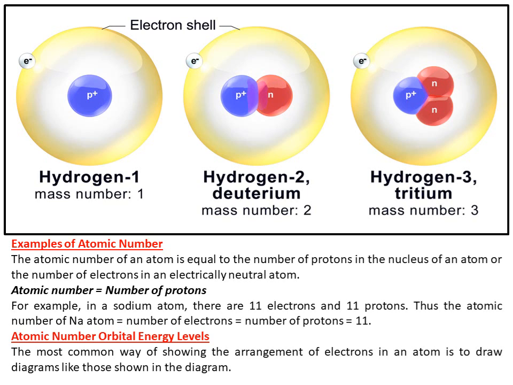Thus, the atomic number of sodium atom is equal to number of electrons is equal to number of protons is equal to 11. Atomic number, orbital energy levels. The most common way of showing the arrangement of electrons in an atom is to draw diagrams like those shown in the diagram.